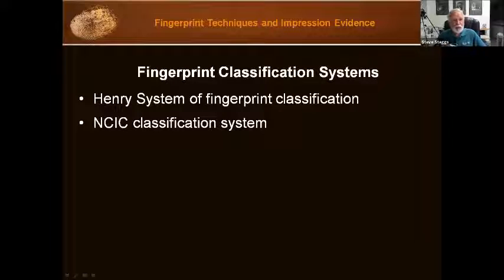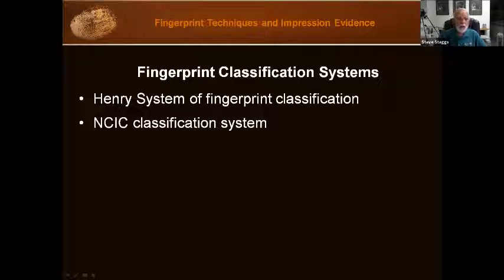If it was determined that the subject matched the NCIC classification, then further information or investigation would be required, including a full fingerprint search. Now, both classification systems are based on the classification of all 10 fingers.